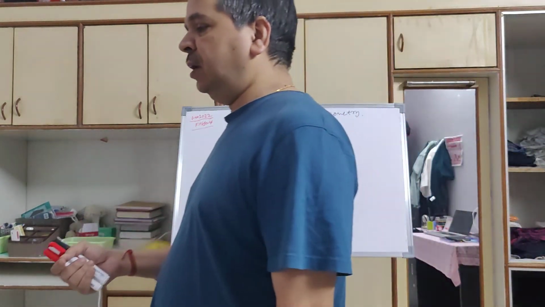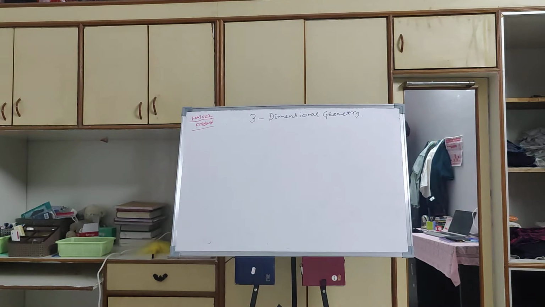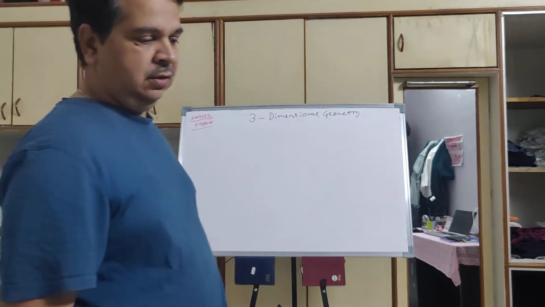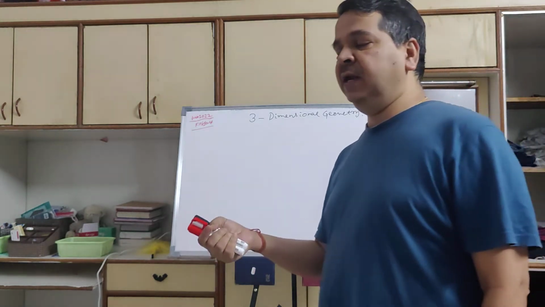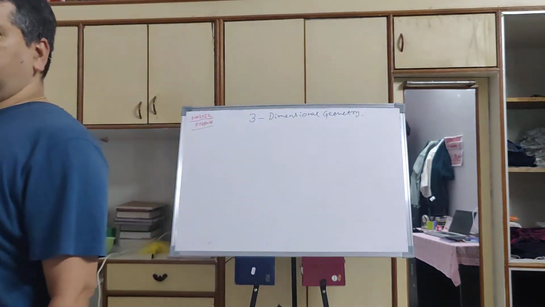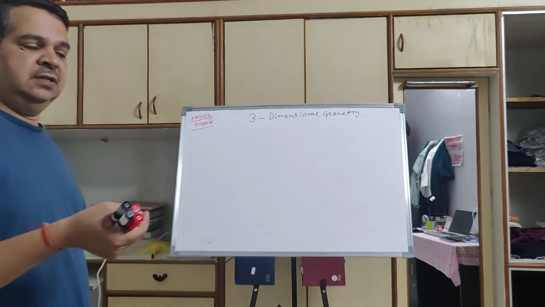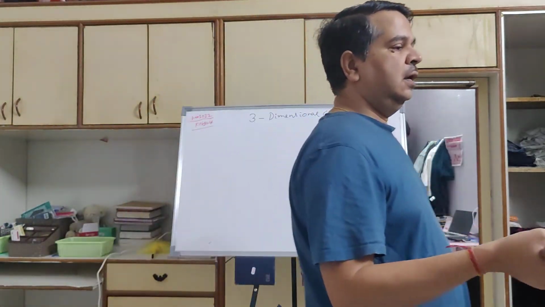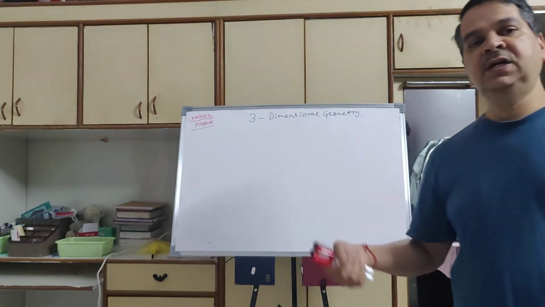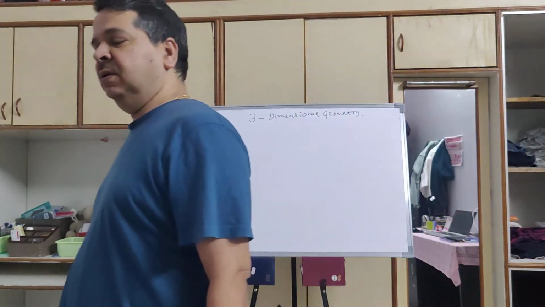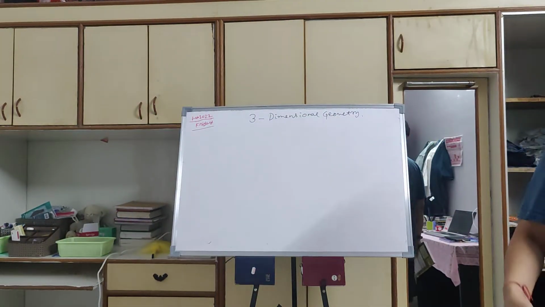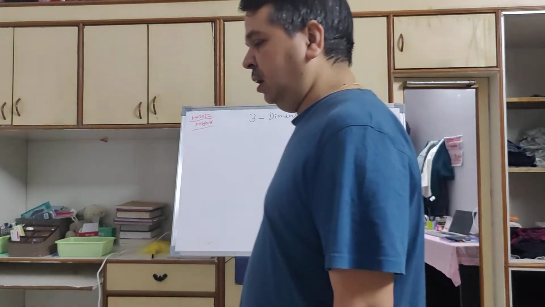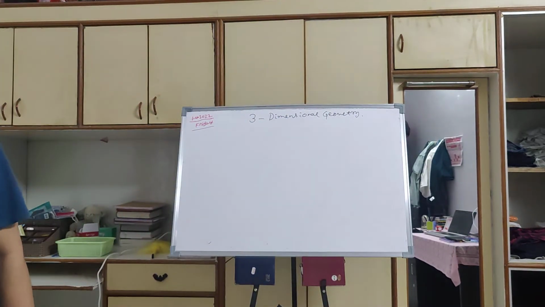Equation of line means what? You are defining the dependent variable in terms of the independent variable. Any equation means you are writing the dependent variable in terms of independent variable. Let us say equation of a circle is x square plus y square is equal to r square.